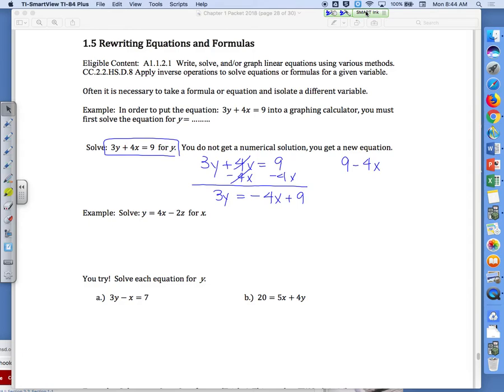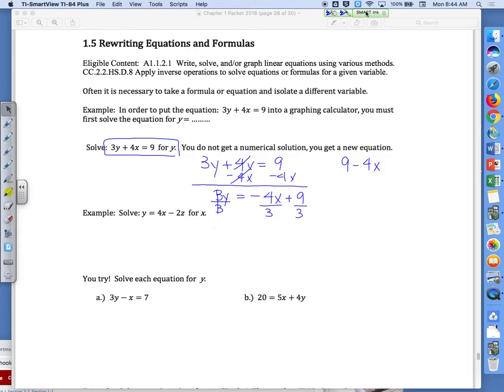All right, you're almost there. We need this y by itself, so I need to get rid of the 3. Yep, so get rid of this times 3 by dividing by 3. When you divide this other side by 3, you're actually dividing each term by 3, so you put a 3 underneath each of the terms.